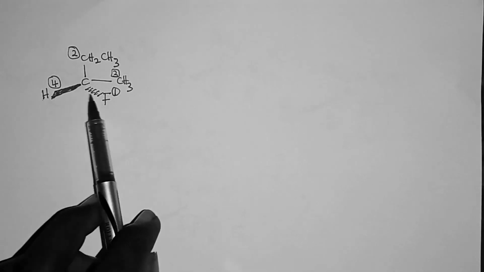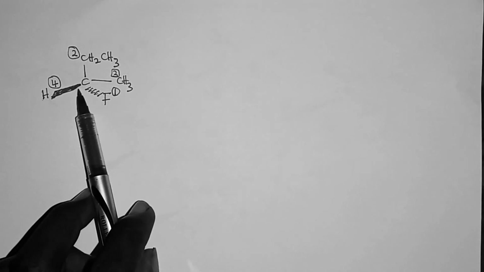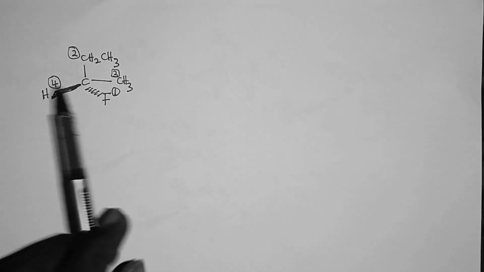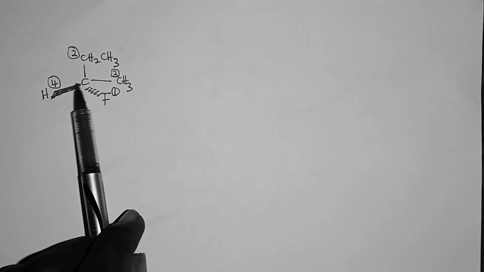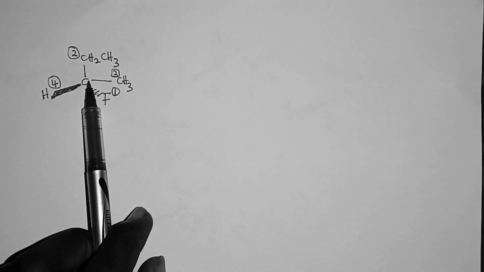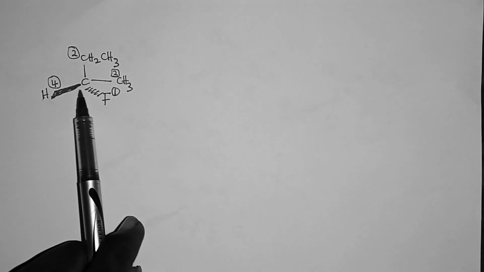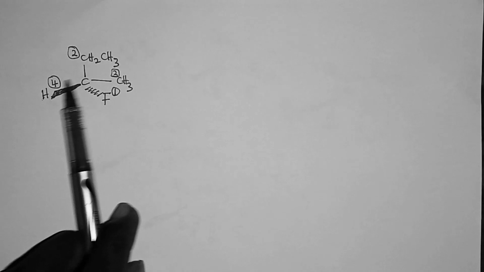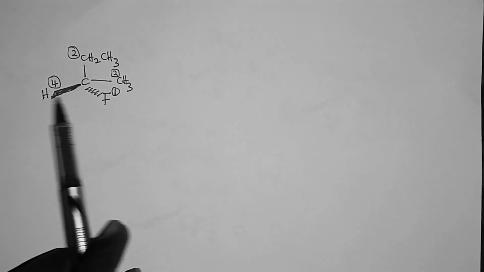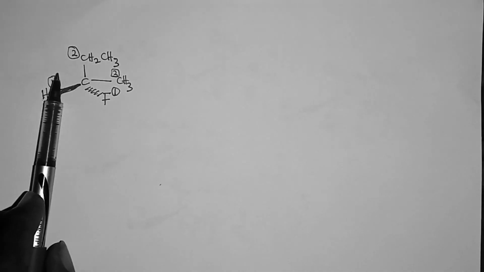If the least group is pointing towards us and not pointing away from us, what we must do is to still assign the configuration and then negate the configuration at the end. So if it is an S, we'll negate it to an R, and if it is an R, we'll negate it to an S. So let's cover the least group in this case.